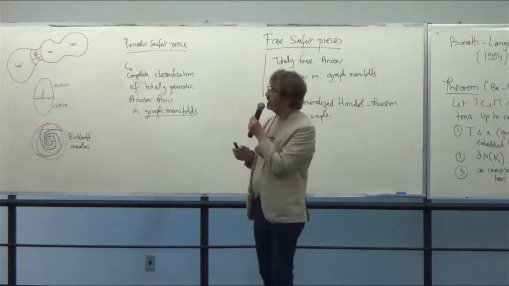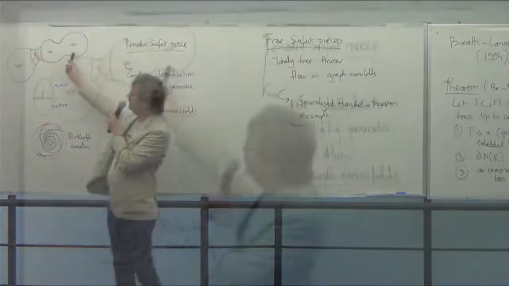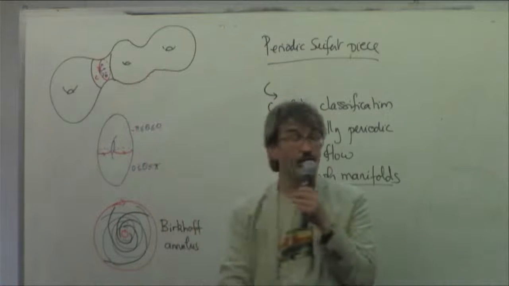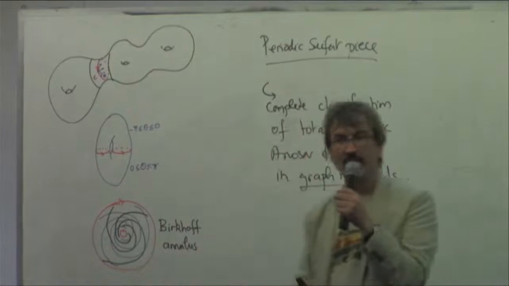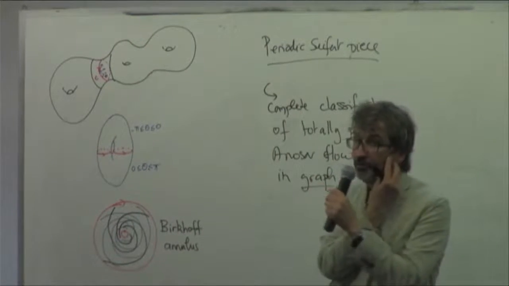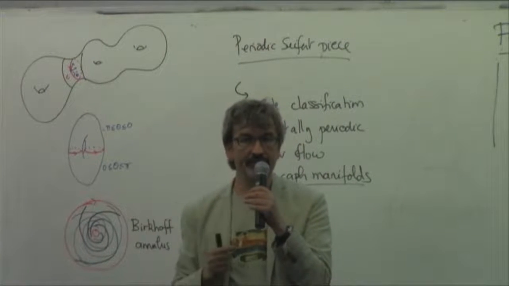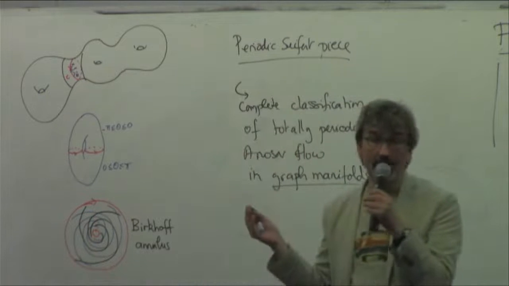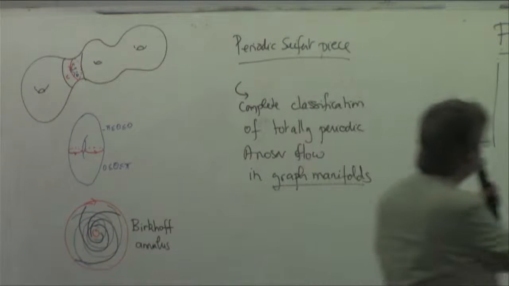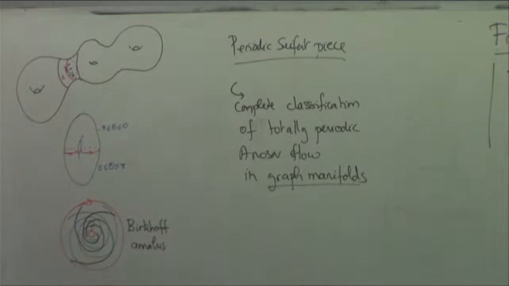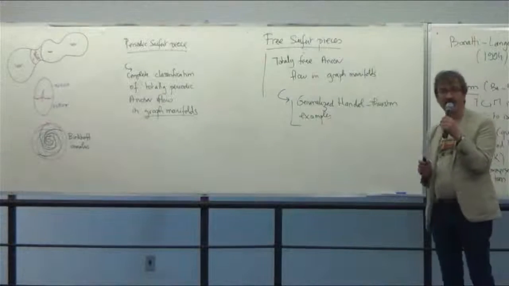So you will not have anymore a circle bundle, but really a graph manifold. And Handel-Thurston proved that you can do this in such a way that the flow is still Anosov. And it is exactly one example of totally free Anosov flow on a graph manifold with two free pieces.